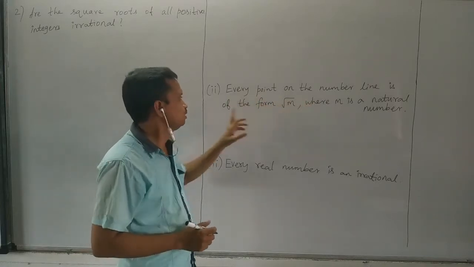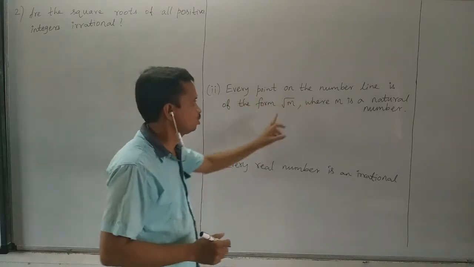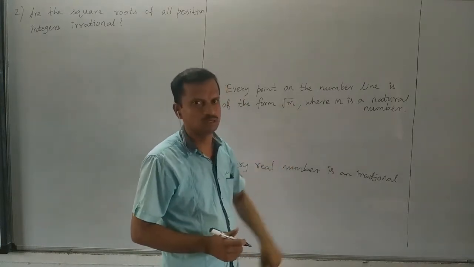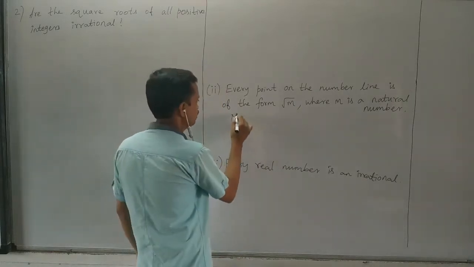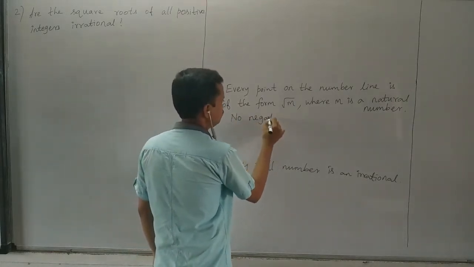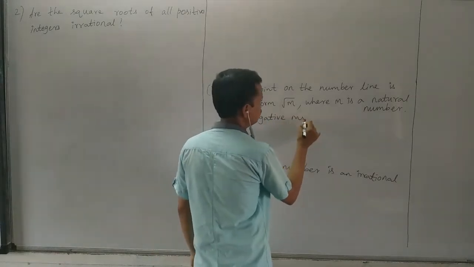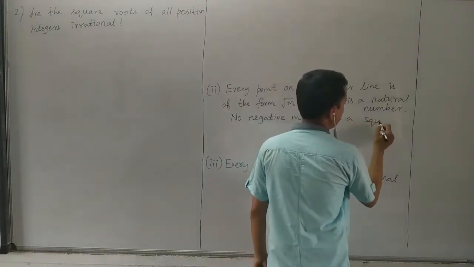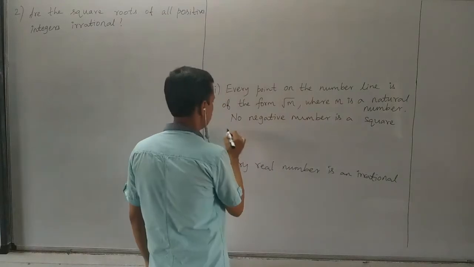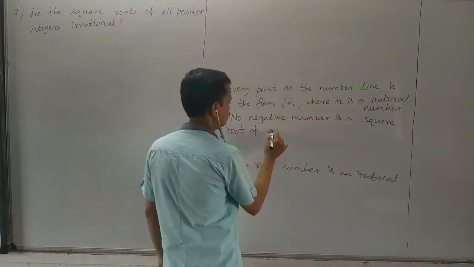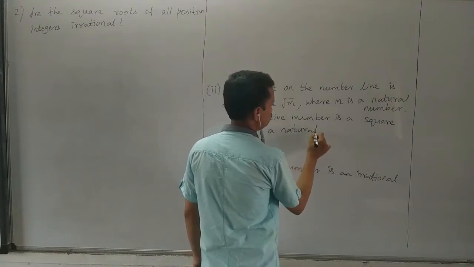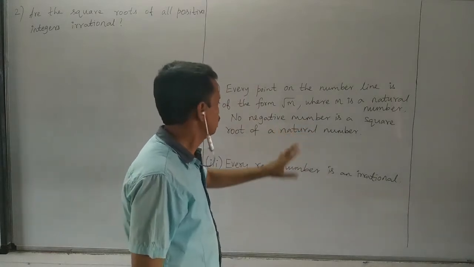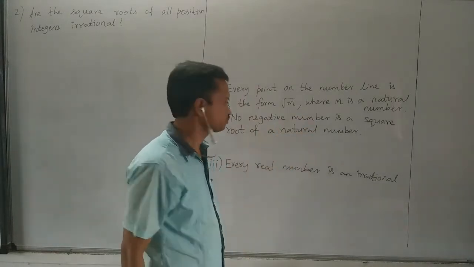Now coming to the second question. Every point on the number line is of the form square root of m, where m is a natural number, as given in the question. So no negative number is a square root of a natural number.